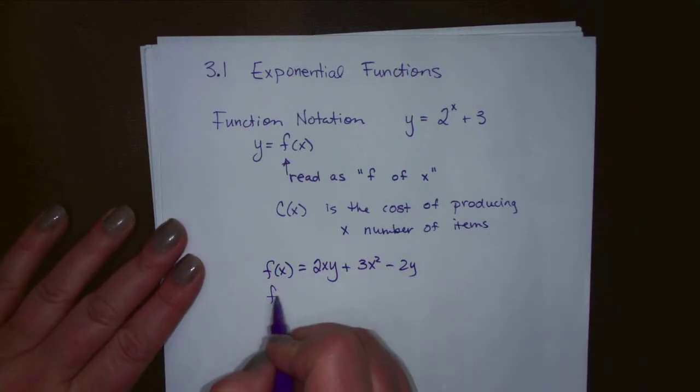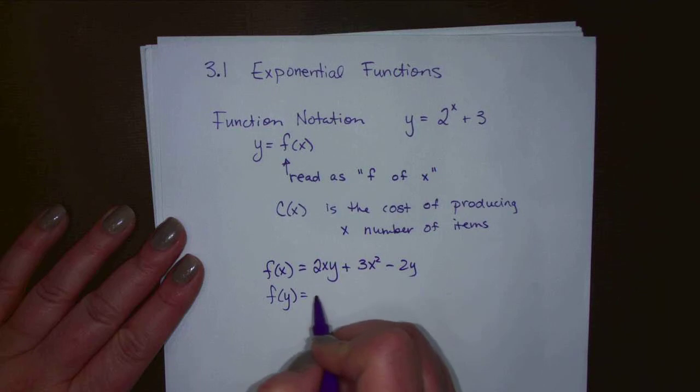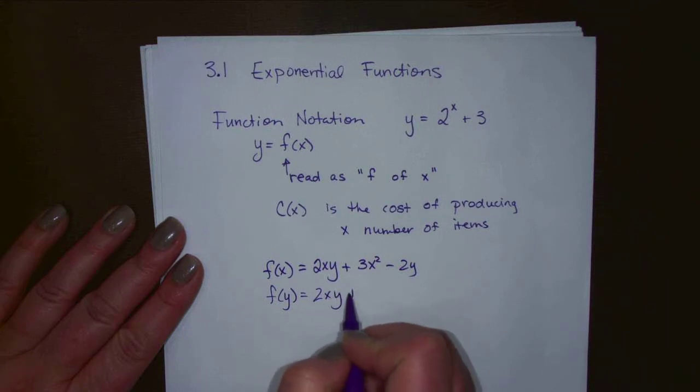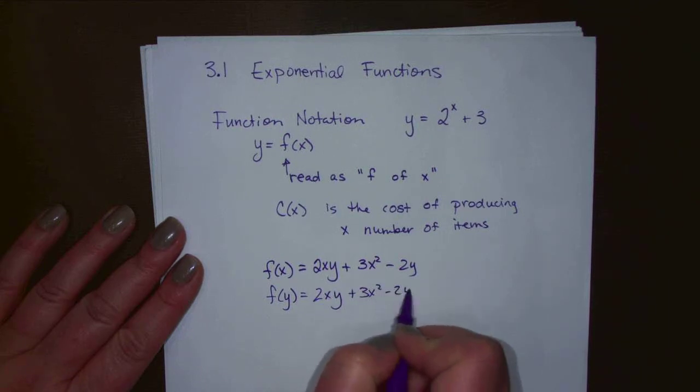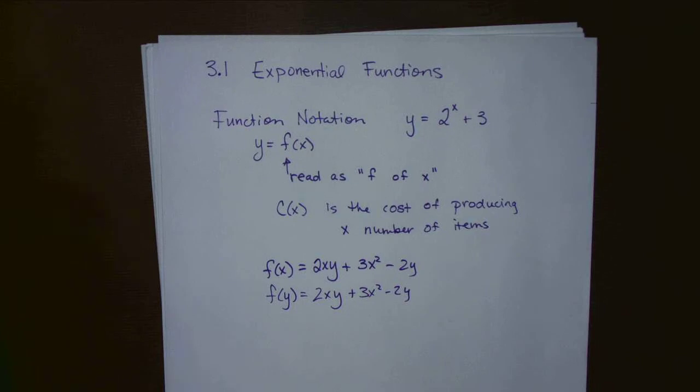But if you cared about the y, then you could say f of y. And you would definitely not want to say y equals, because then it would be really confusing. So using function notation is nothing new. It's just saying that y is equal to f of x means the same thing. So it's just a different way to write it.